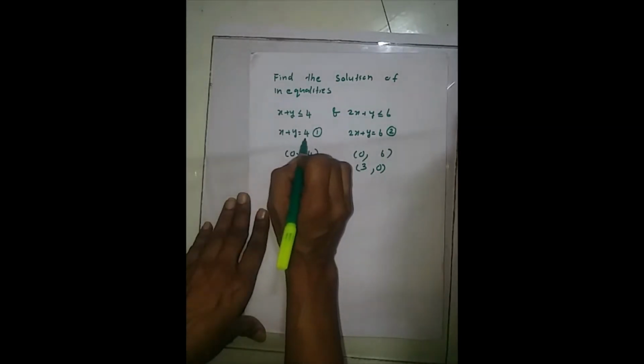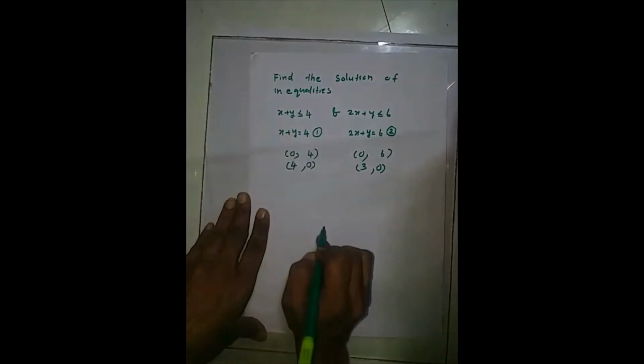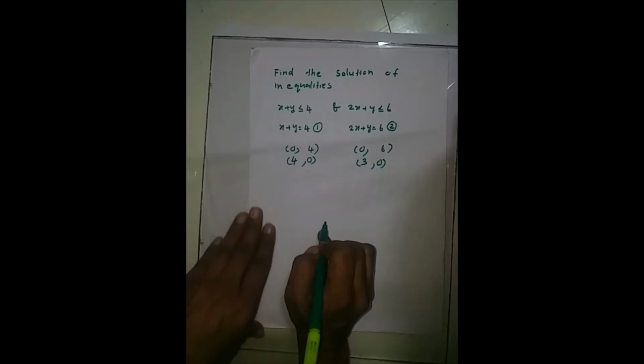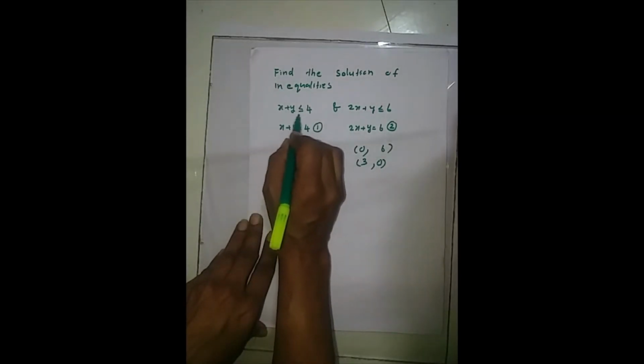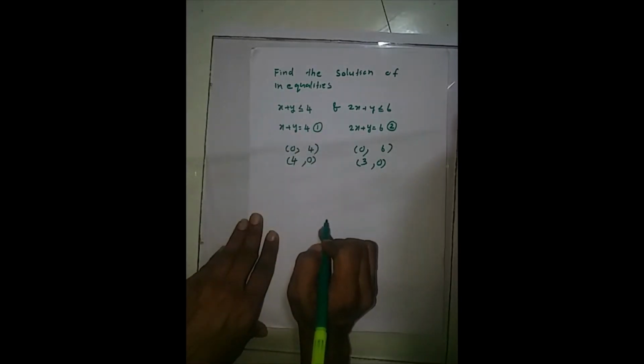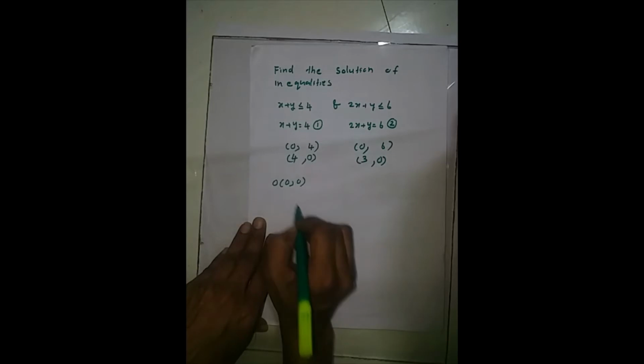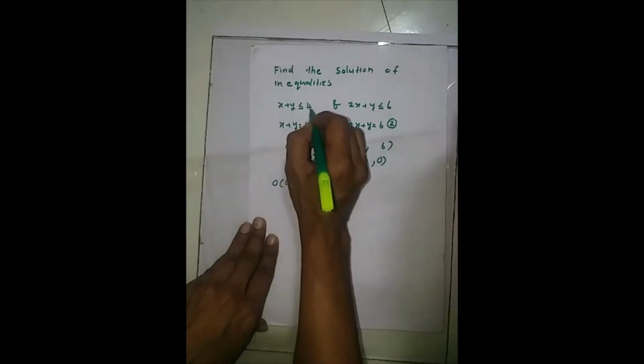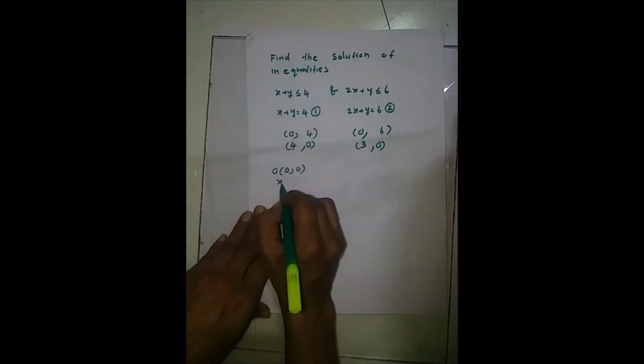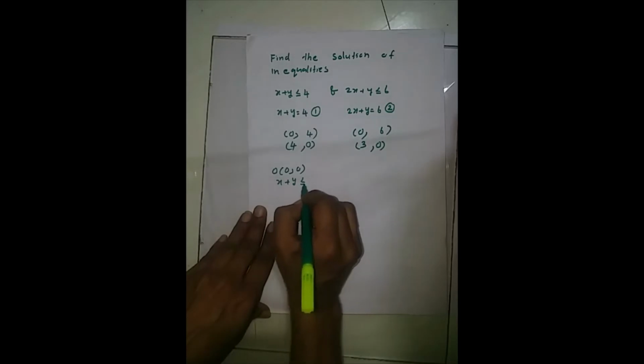After getting this line, we have to shade the region. For that, we have to find whether it is the origin side or the non-origin side. For that, we will substitute the origin. The coordinates of the origin are 0, 0. We will substitute 0, 0 in the given inequality x plus y less than or equal to 4.